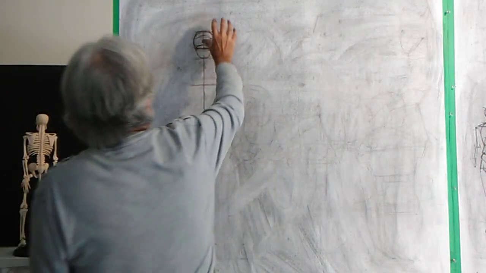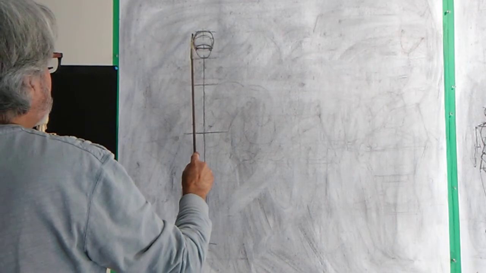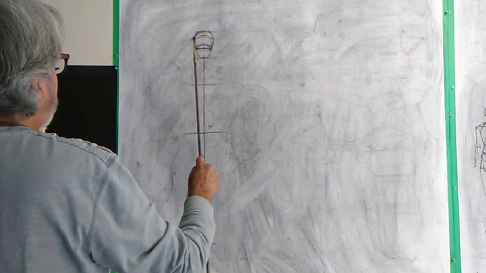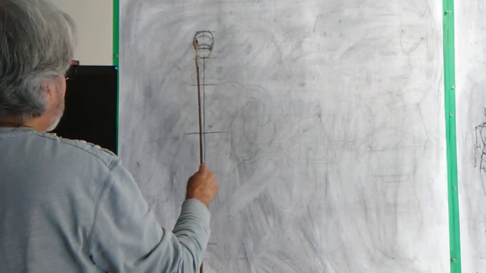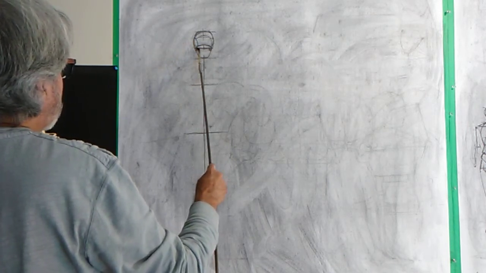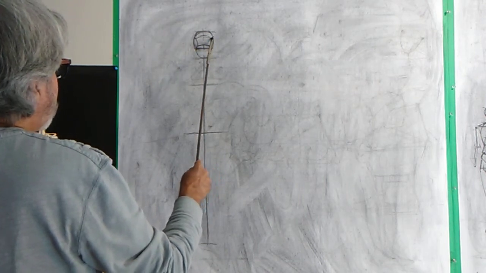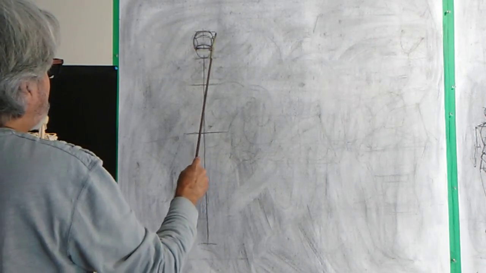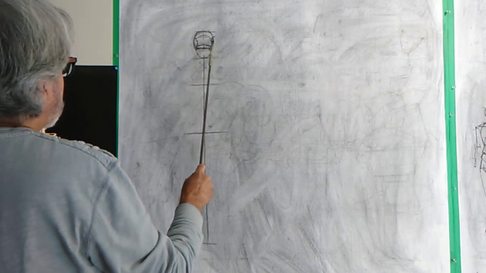So we got this curve, the back of the skull, and now what we're going to do is, from the wide point, which is here, that's known as the parietal eminence, we're going to make a little curve like this. And the same on this side. It'll divide the back of our skull like that. Okay.